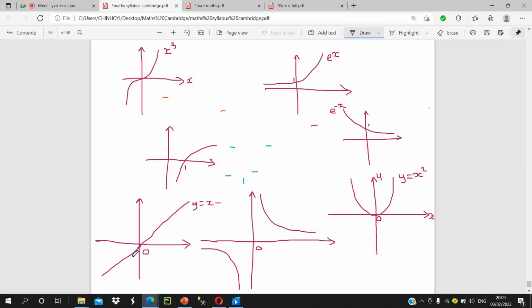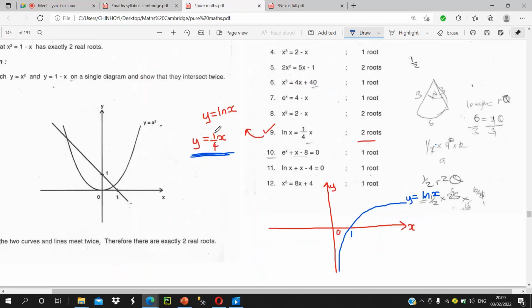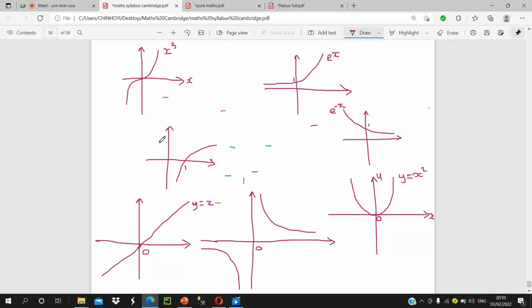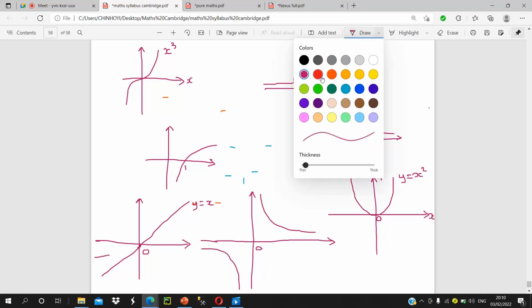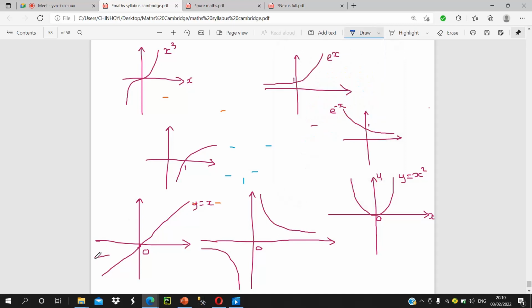So it is going to take the shape for y equals x, but it's not the general y equals x. If the coefficient of x is a fraction, the shape will be something like this.